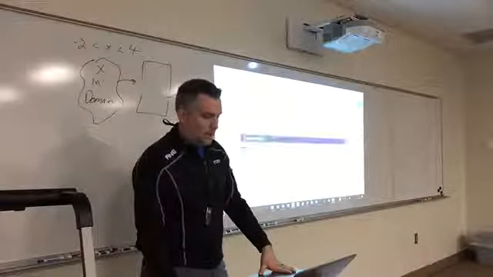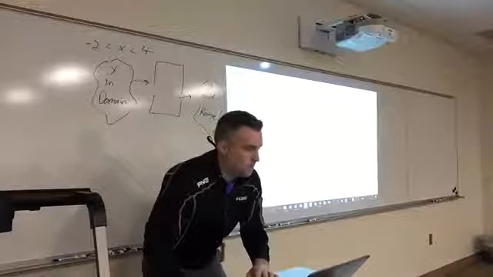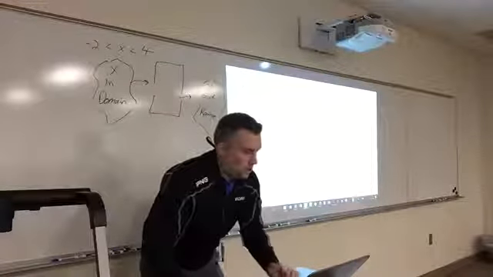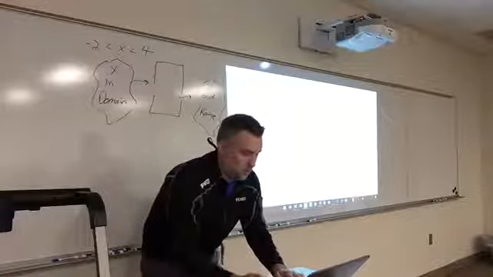So now graph it. I'm going to delete this one. You're going to want to do 2 divided by parentheses x plus 1. Hit enter. There's my function in the algebra window.